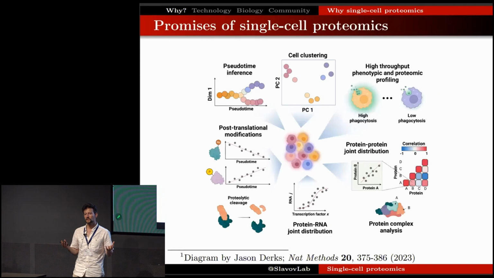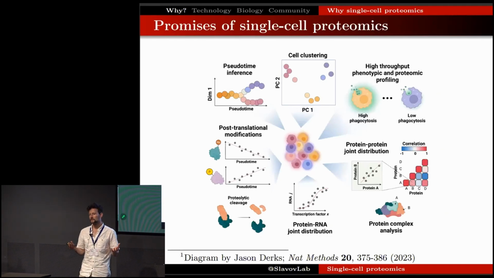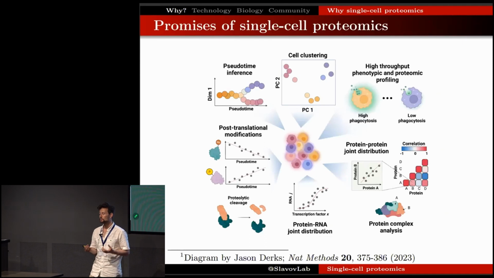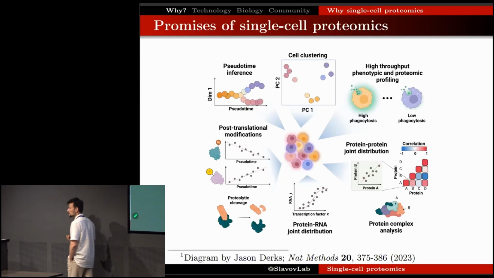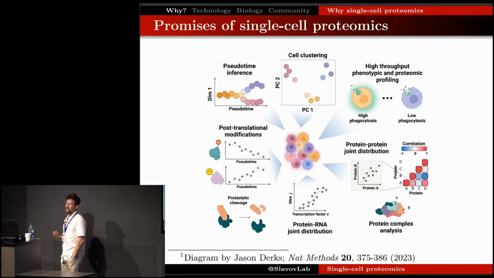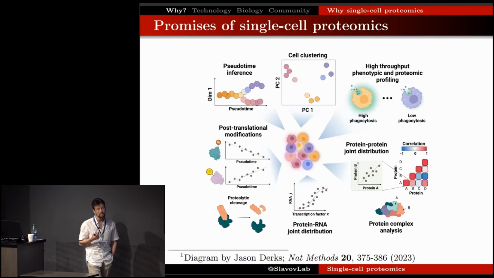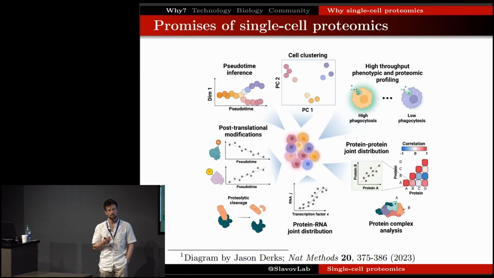But of course, it's not just measuring abundances. We want to be able to measure enzyme activities, and we want to be able to measure synthesis and degradation rates. And this cartoon here from a recent Nature Methods paper that we published outlines some of the exciting applications that are enabled by single-cell protein measurements.